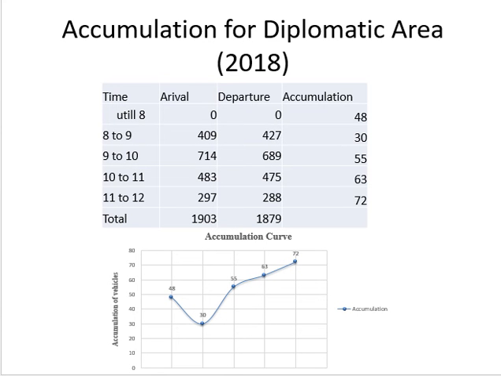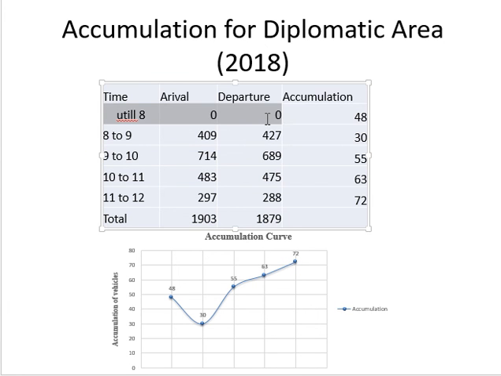Okay, this is, I would say, the bad example, although this is a project which we did in Bahrain. This is the accumulation for a diplomatic area we did in 2018. You can see it started before 8, so this is fine. Started before the offices were open, and then you have the accumulation of 48 vehicles.